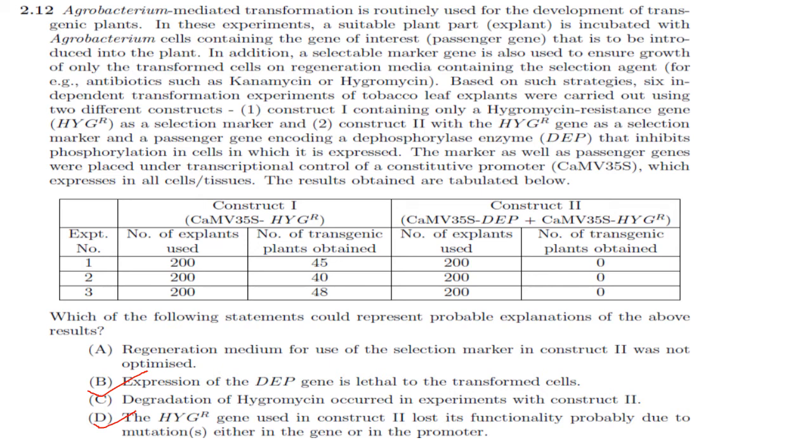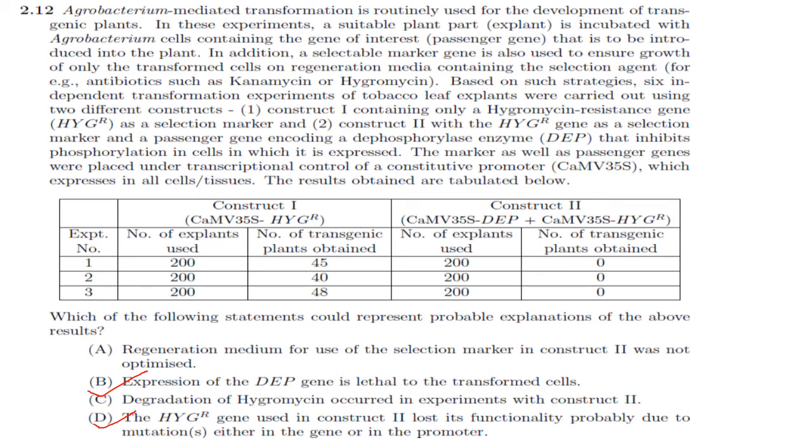Then the next one, the hygromycin resistance gene used in construct 2 lost its functionality probably due to mutations either in the gene or in the promoter. This can happen. That the hygromycin gene used in construct 2 lost its functionality. When they prepared the construct using CAMV35S DEP and CAMV35S hygromycin, chances are there that hygromycin must have lost its functionality due to certain mutations.